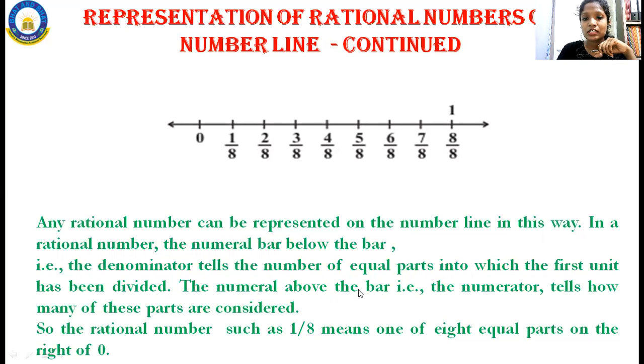And the number above the bar, above the line, we call the numerator, and the numerator tells you how many of these parts are considered. So out of the 8 parts we have divided, 1 part is considered. So a rational number such as 1 by 8 means 1 of 8 equal parts on the right side of 0.